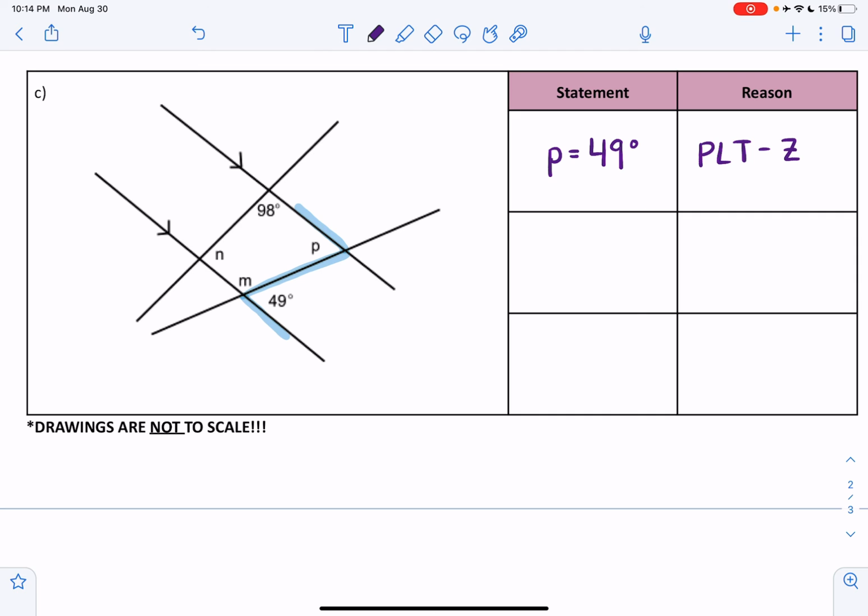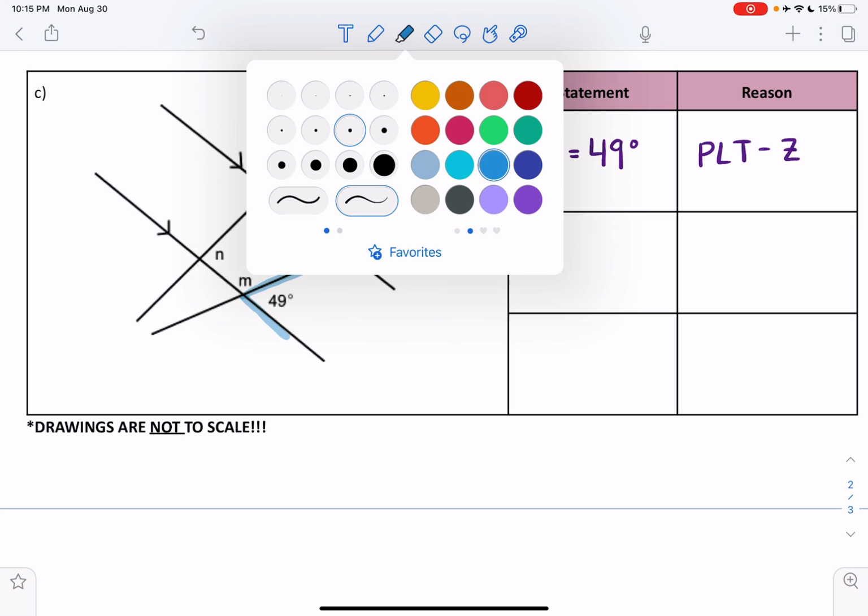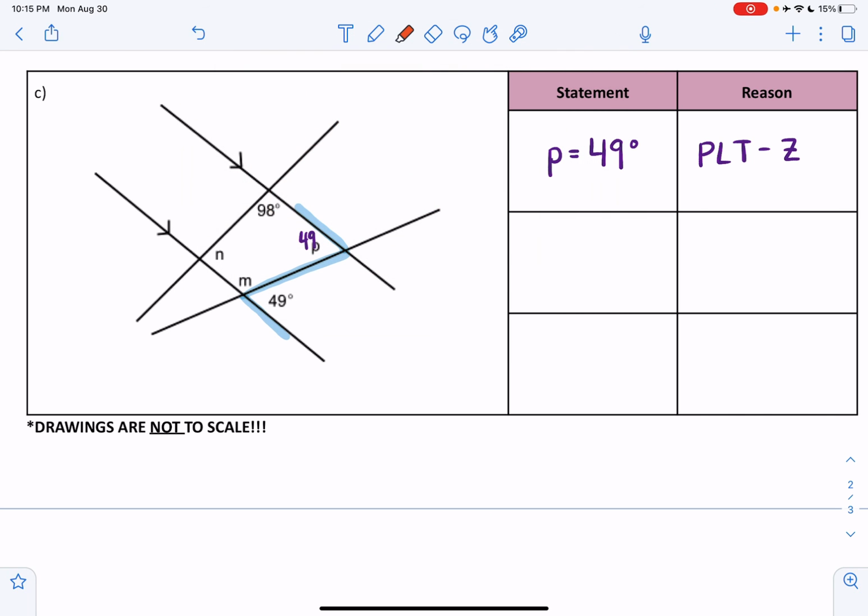Now the next one, I'm going to find M, and for M, I can see a C pattern here. So we have a C pattern right here with P. So that means that those are interior angles and therefore should add up to 180.